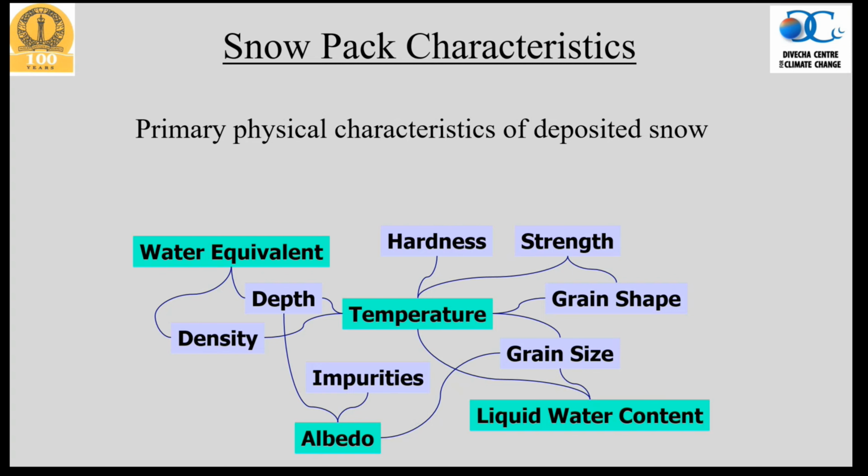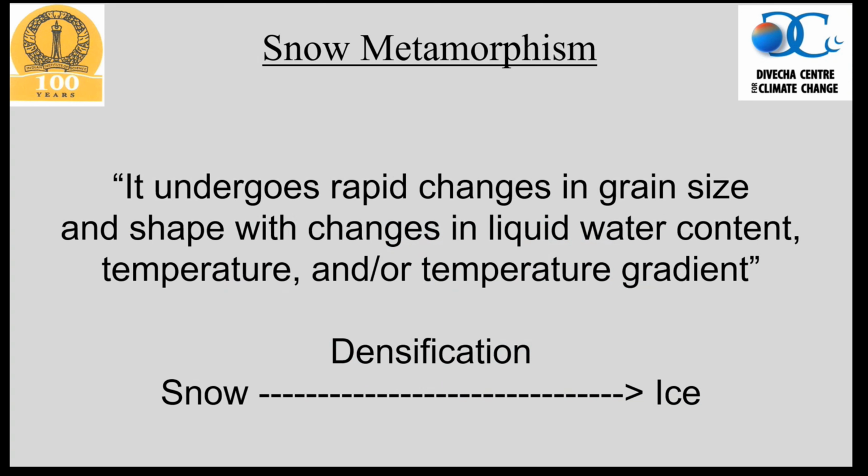Albedo, which depends upon liquid water content, impurities, and grain size, influences the melt of snowfall, and the water equivalent is how much water is available if you want to do hydrological analysis. So in that context, all parameters are important for us to understand and study the snow characteristics.